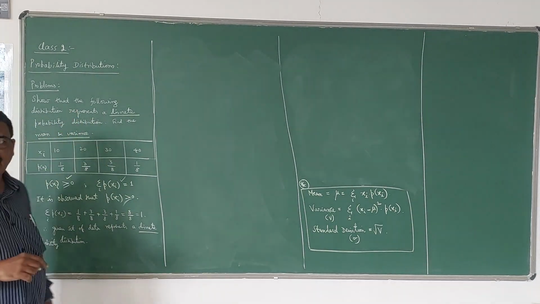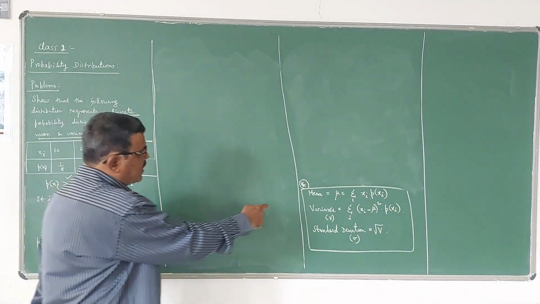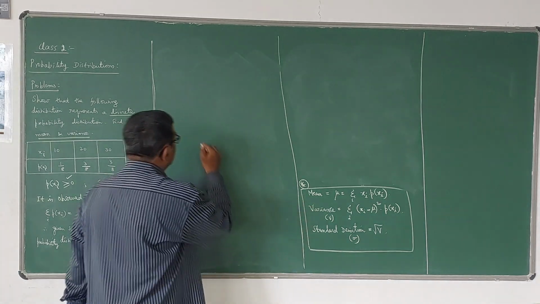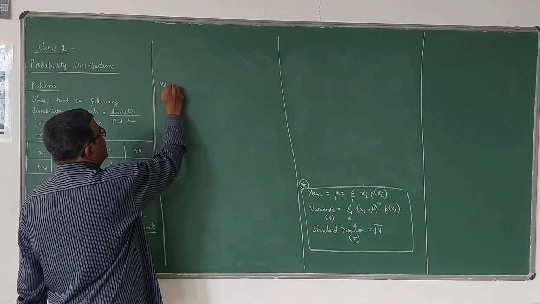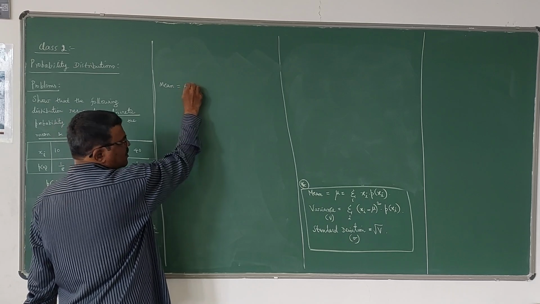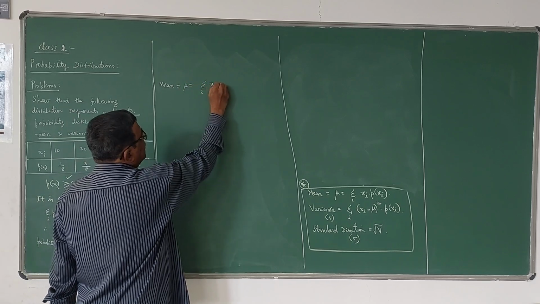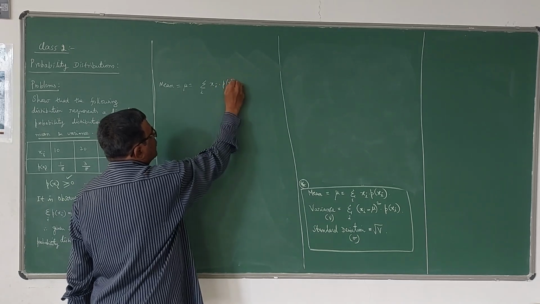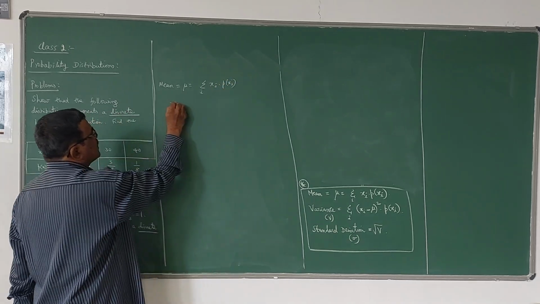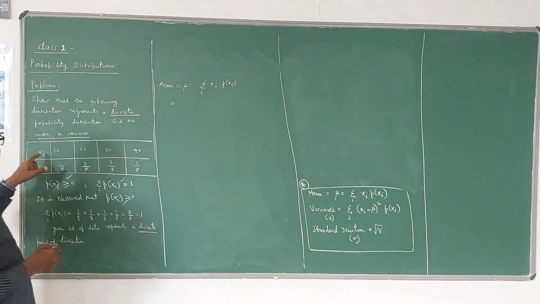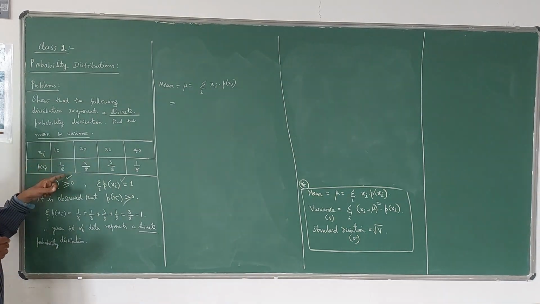Then we have to find the mean and variance. Mean and variance are obtained using these two formulas. Mean is given by mu is equal to sigma xi into p of xi. Here the xi values are these values, and the corresponding p of xi values are these values.